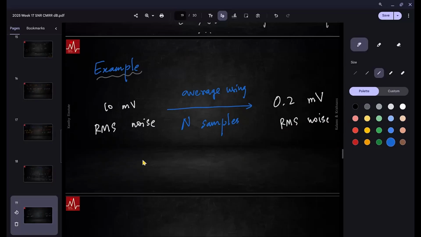What is n? You find the number of samples used to average, so that this conversion happened.